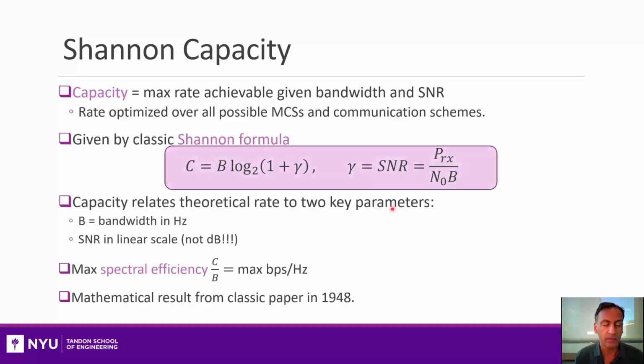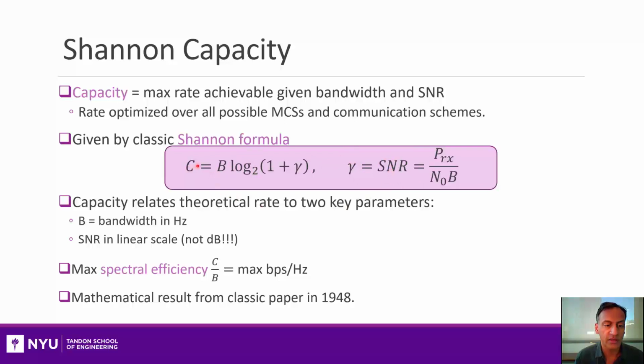That maximum limit is called the capacity, and is given by the famous Shannon formula, which would be reviewed in your digital comm class. It relates in a very simple way the maximum capacity to two key quantities, the bandwidth B and the SNR, which I've written in this case as gamma. Remember that this should be done in linear scale.